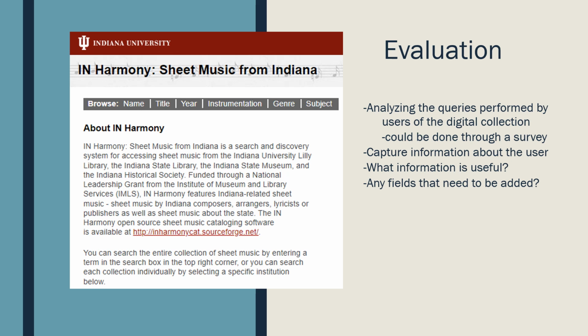So basically, with that, one of the conditions would be capturing information about the user and asking them what their background is in. So I would preferably like an equal amount of individuals who are just history users next to music users, and basically see what information is useful to them and any fields that need to be added or changed.